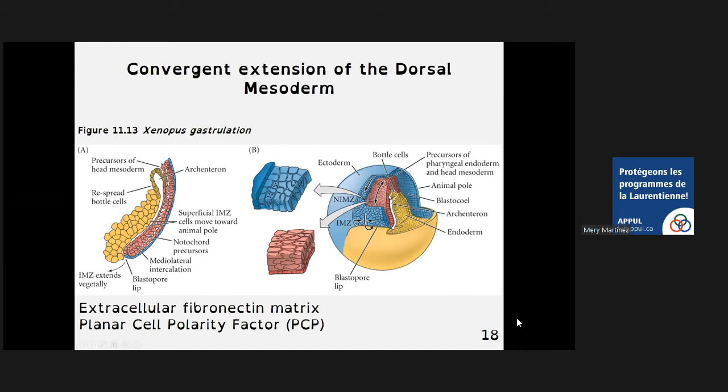So the movement of these cells is coordinated by several signals, as we saw. So we have the extracellular fibronectin matrix that we talked about 2 slides prior. We also have another factor that is called the planar cell polarity, the PCP, planar cell polarity, which is normally initiated by the Wnts, WNT.